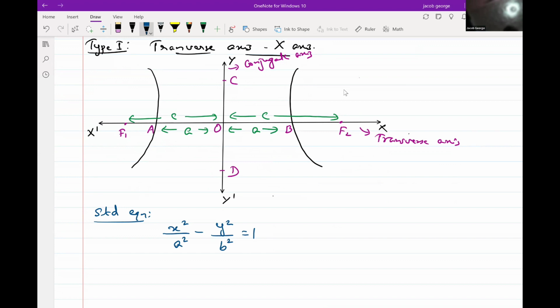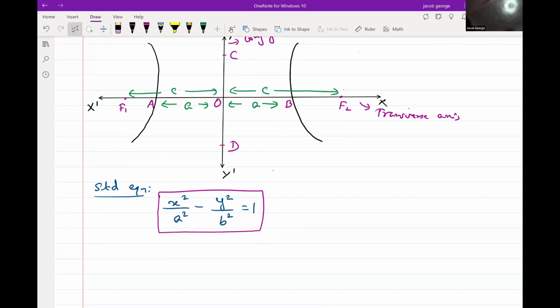So when we compare it with the ellipse, there is only one difference: a minus sign that comes in the middle. In the ellipse it was plus, in the hyperbola the minus sign is in the middle.